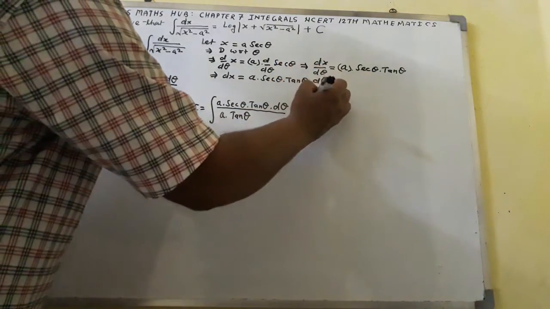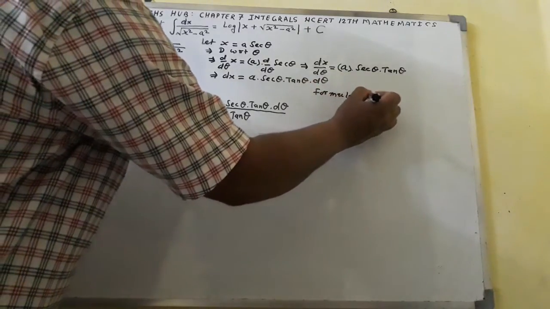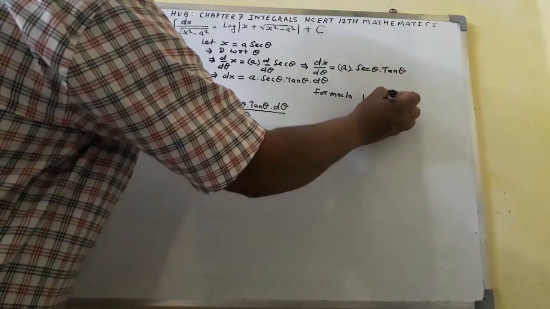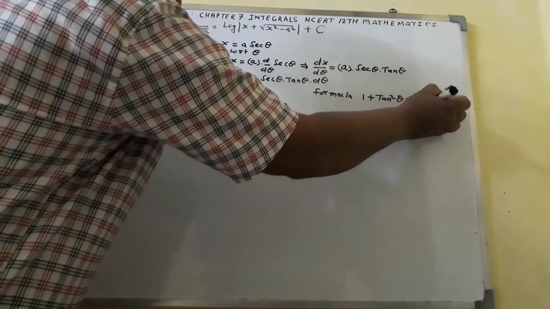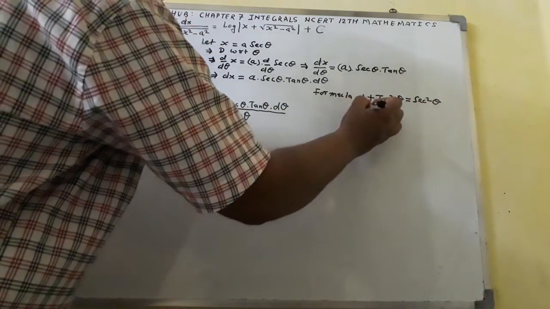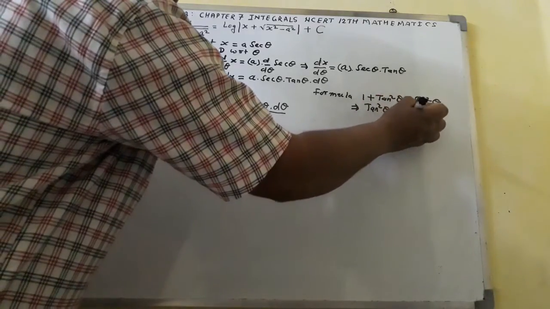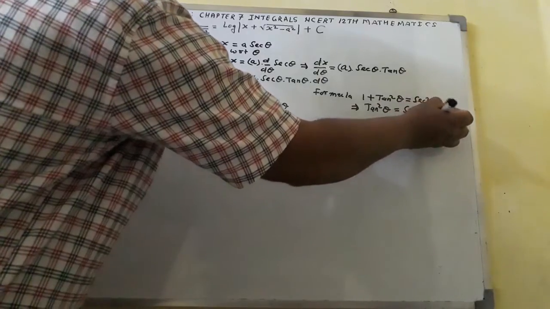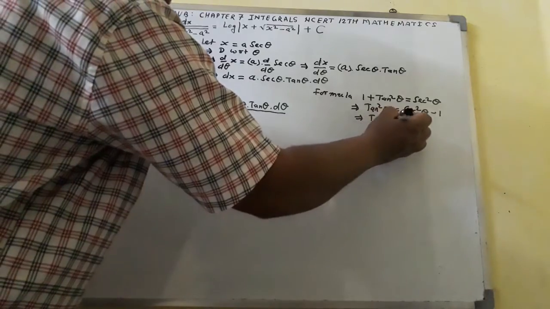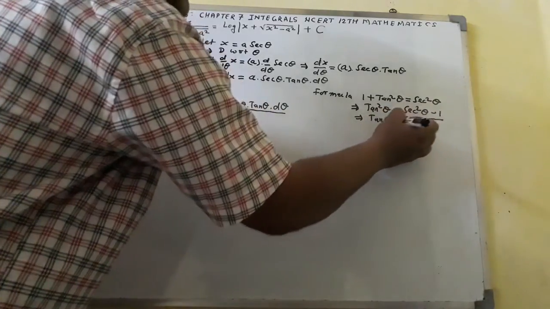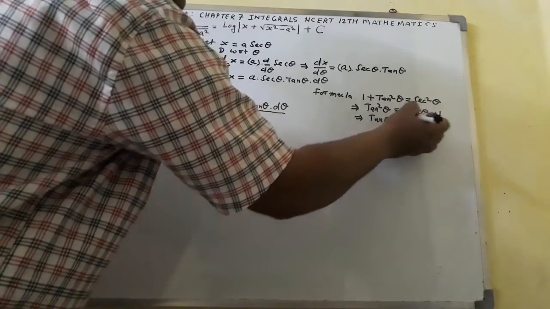Because the formula is there, I shall write: 1 plus tan square theta equal to sec square theta. You will get tan square theta equal to sec square theta minus 1. Implied that tan theta equal to under root sec square theta minus 1.